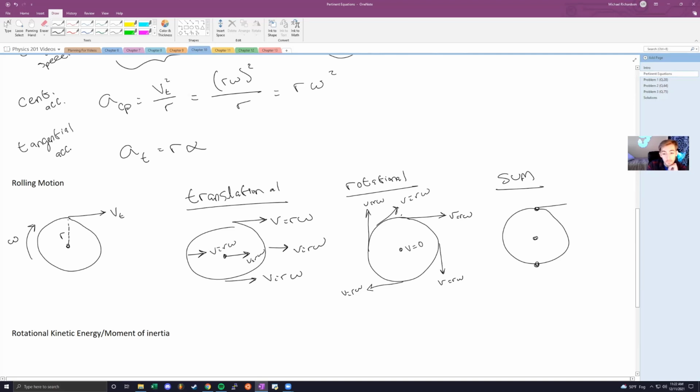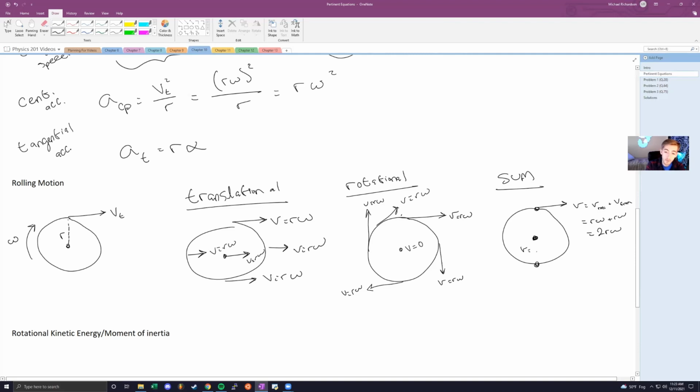All the way at the top, our velocity is going to be equal to not only its rotational aspect, but its translational aspect as well. So this comes out to be something like r omega plus r omega. So we find that all the way at the top of this, we have some velocity that's going to be equal to 2r omega. Now, in the center here at our axis of rotation, we're going to have our translational aspect and our rotational aspect.